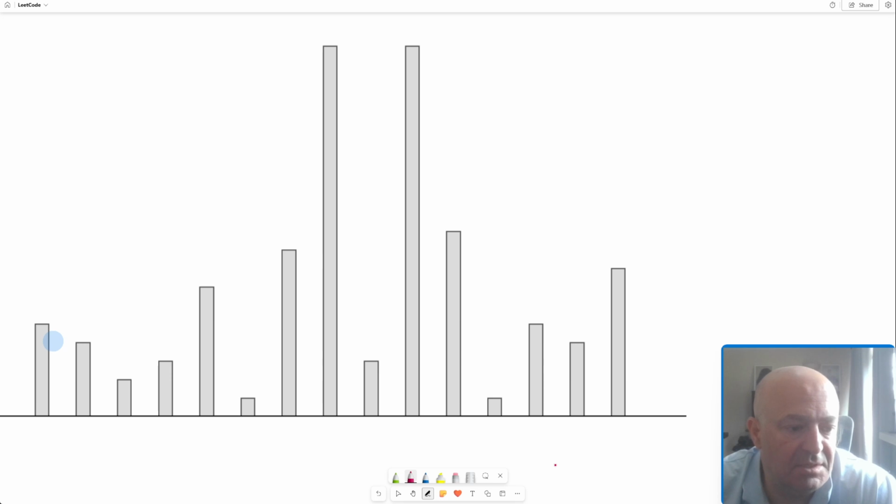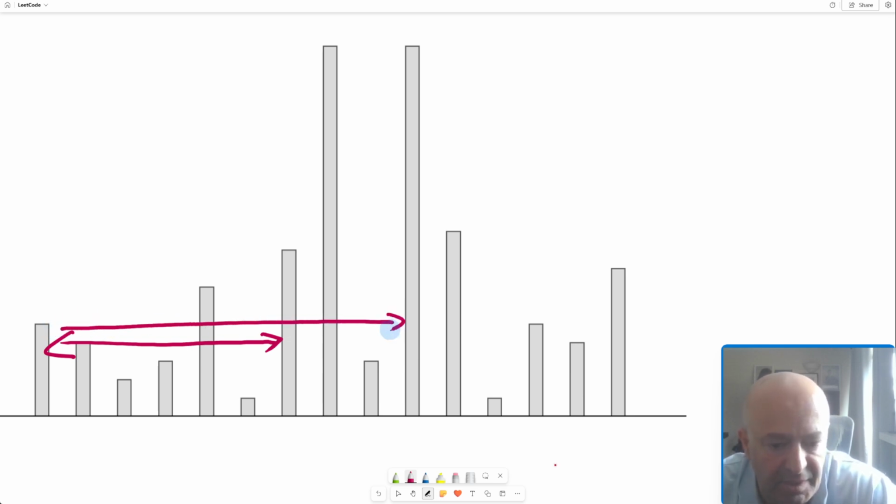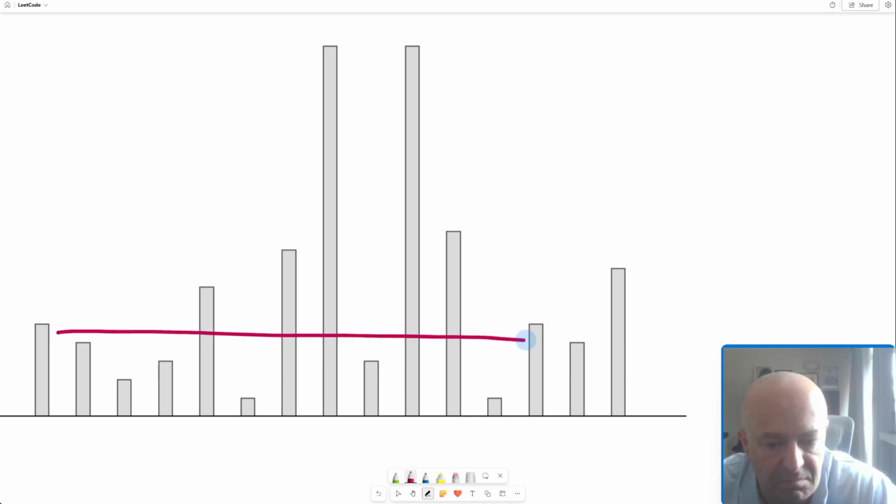Now, we can easily say that the wider the container along the x-axis, the better. Everything else being equal, wider containers are better, and everything else means height. So why don't we start with the widest possible container?